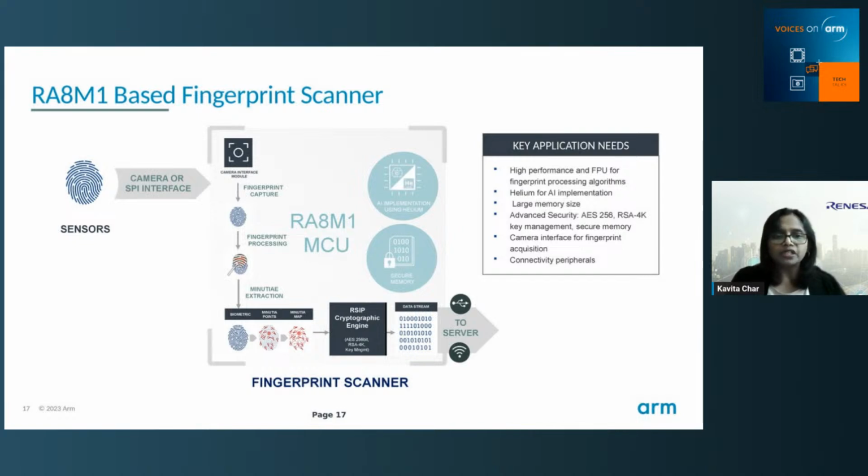The particular application here is live fingerprint detection. This is an anti-spoof measure. So it uses the higher performance of the Cortex-M85 core accelerated with Helium to accelerate the neural network in this application. It makes very good use of all the resources available on the devices.